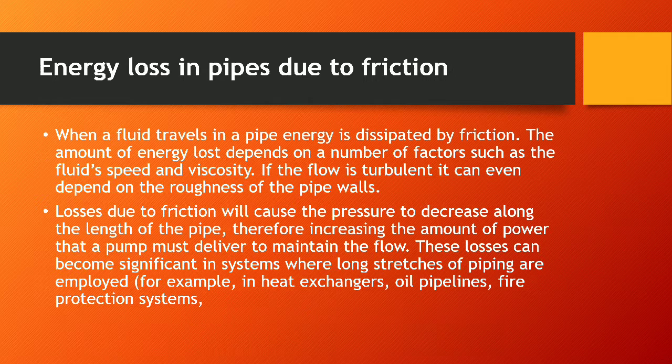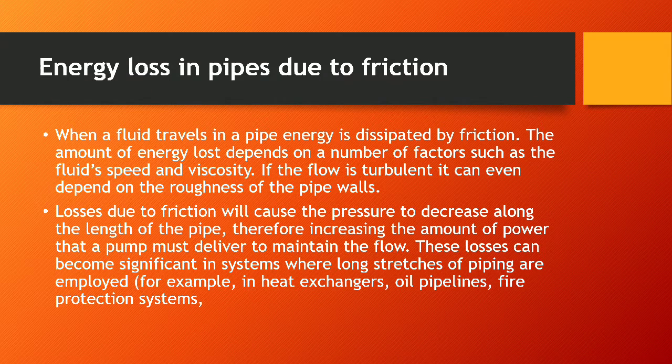Energy loss in pipes due to friction. When a fluid travels in a pipe, energy is dissipated by friction. The amount of energy lost depends on a number of factors such as the fluid speed and viscosity. If the flow is turbulent, it can even depend on the roughness of the pipe walls.